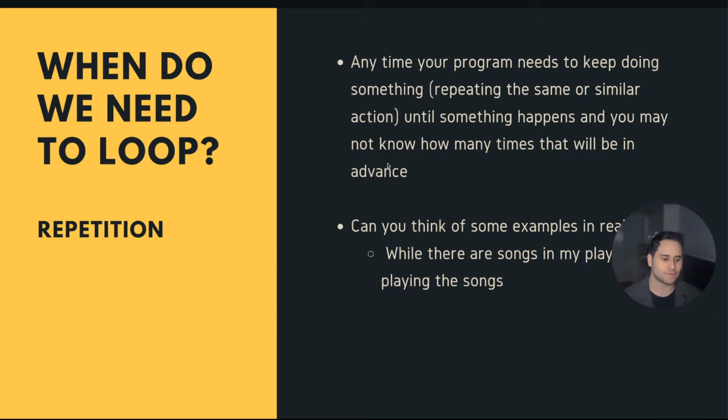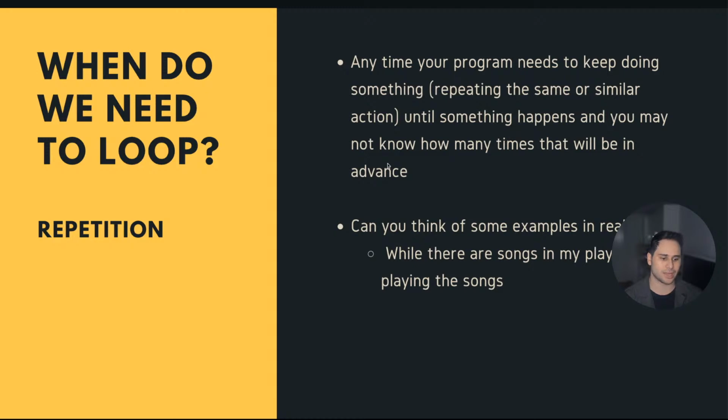Can we think of some real life examples where we have problems or solutions that involve repetition? In many ways, most algorithms involve some degree of repetition. It's very uncommon that in one pass we can solve a particular problem.